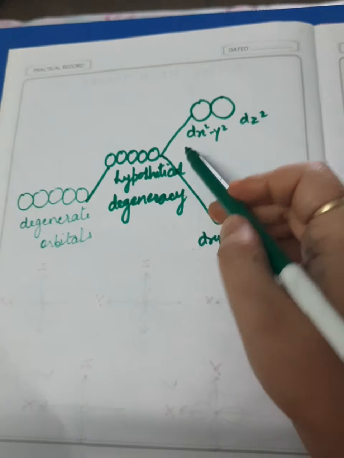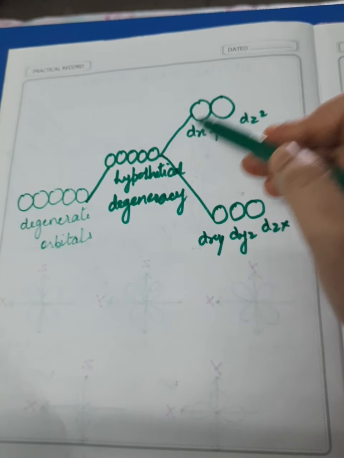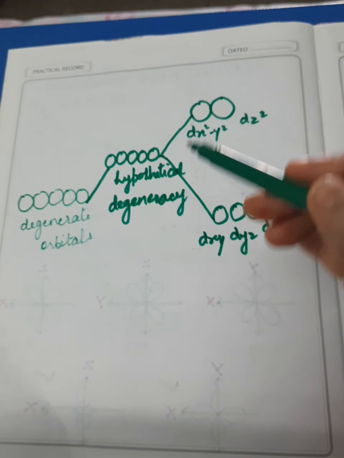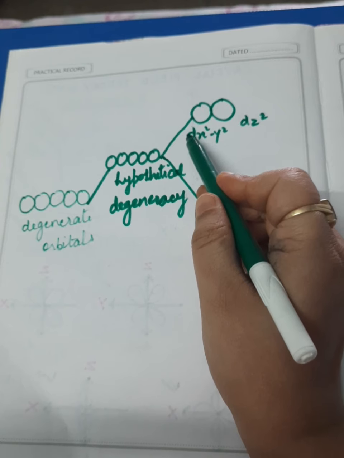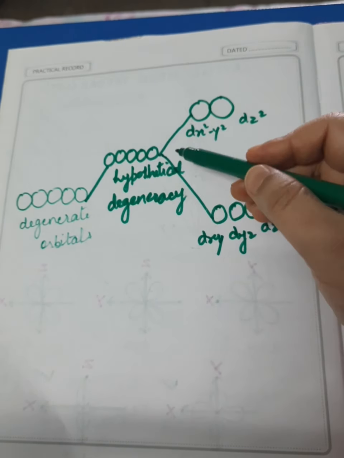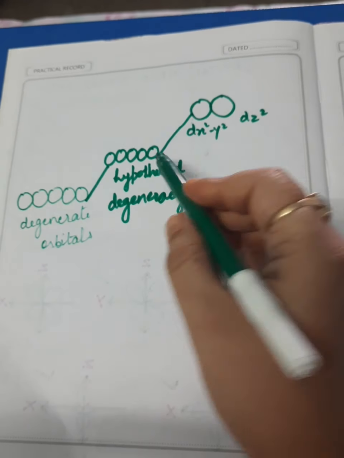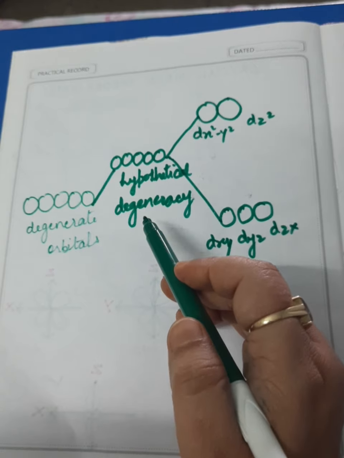The set of these two orbitals which get the maximum repulsion have energy more than the hypothetical degeneracy, and the set of orbitals which have lesser repulsion have lesser energy than the hypothetical degeneracy.